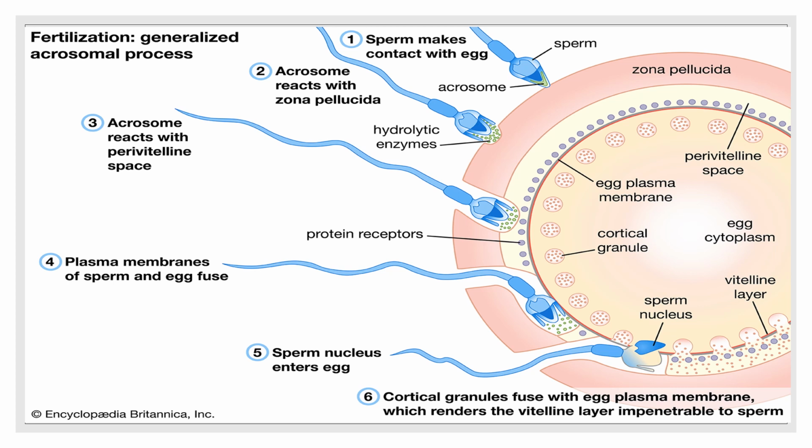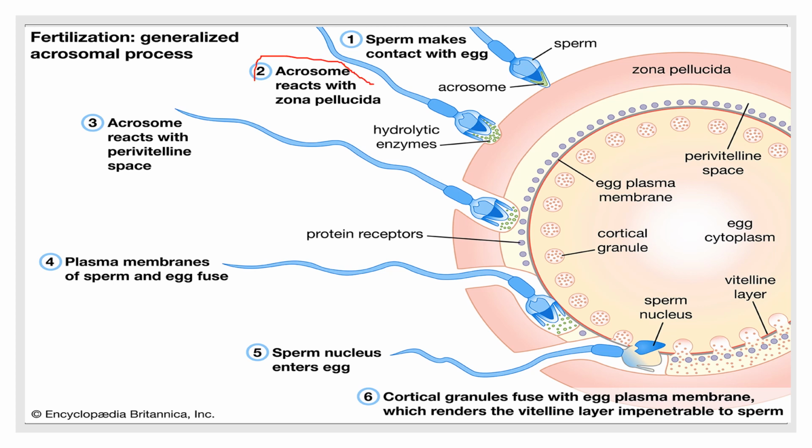So in this picture we can say there is no corona radiata; it is totally hydrolyzed by the hyaluronidase enzyme released by the sperm. After dispersal of the corona radiata, the sperm comes in contact with the zona pellucida.